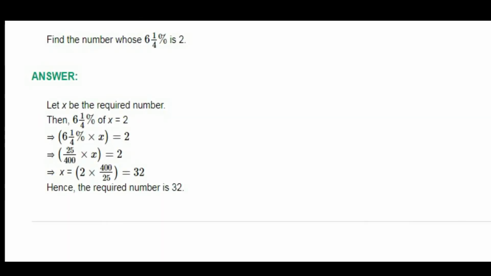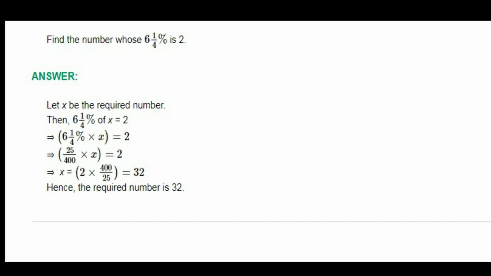So coming to a very easy sum, find the number whose 6 1/4% is 2. So they are asking you 6 1/4% of what number is 2. We don't know the number, so we are considering the number as x. So 6 1/4% of x must be 2, and the 2 is given in the sum, right?